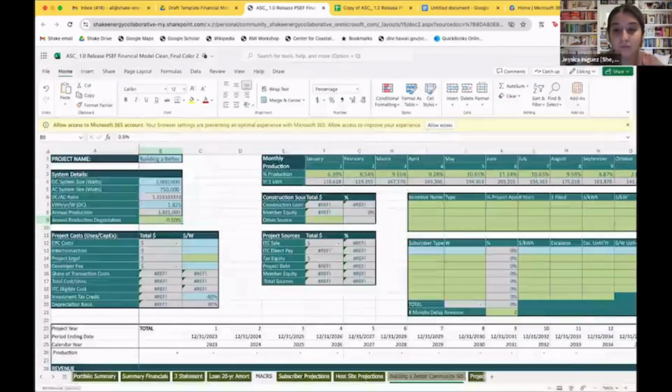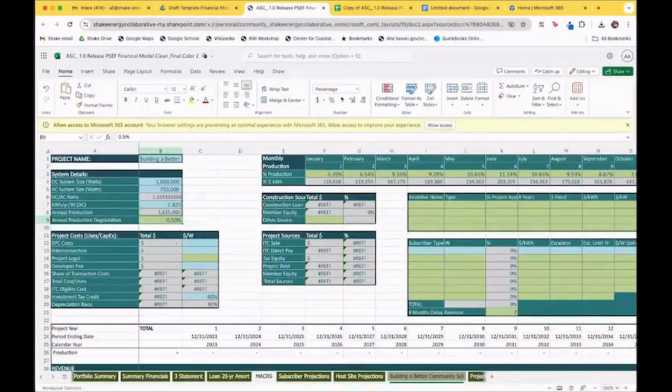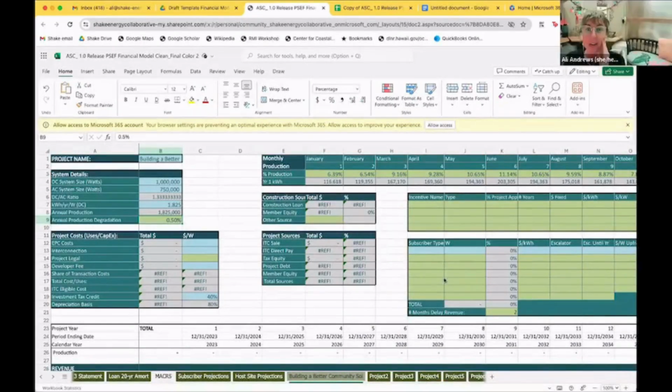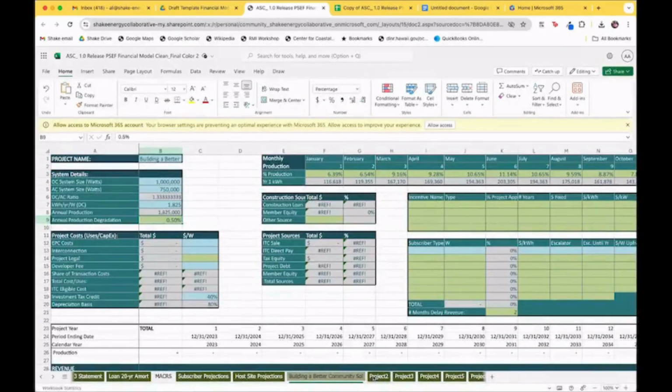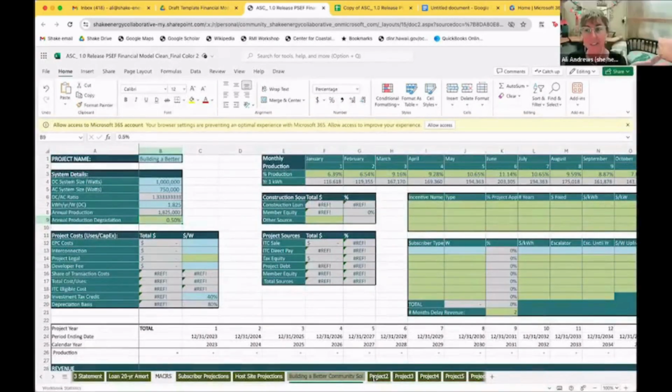So if this project is not one large array, but let's say it's multiple arrays in different areas, would I put that in as a conglomerate of all the different arrays put together, or would I make those separate projects or tabs? I think it would probably help to make them separate tabs, depending on how many of them there were. Okay. But I think for us, often our lenders want to know things about each site.